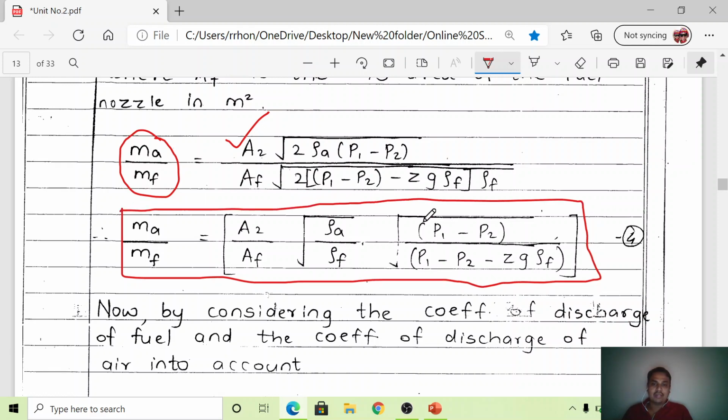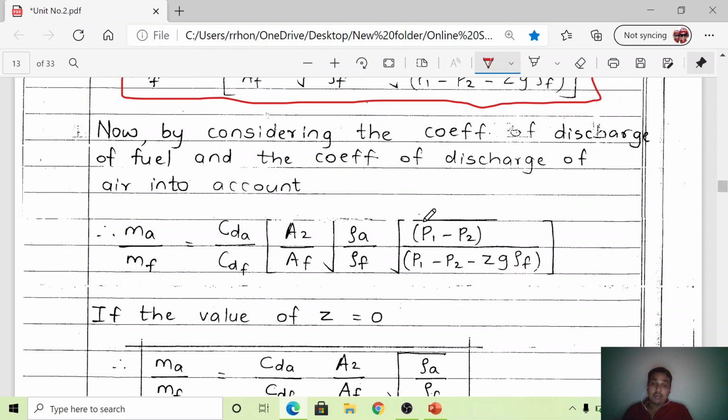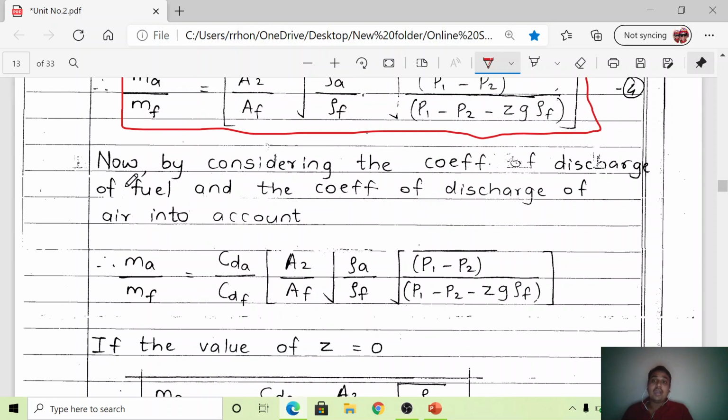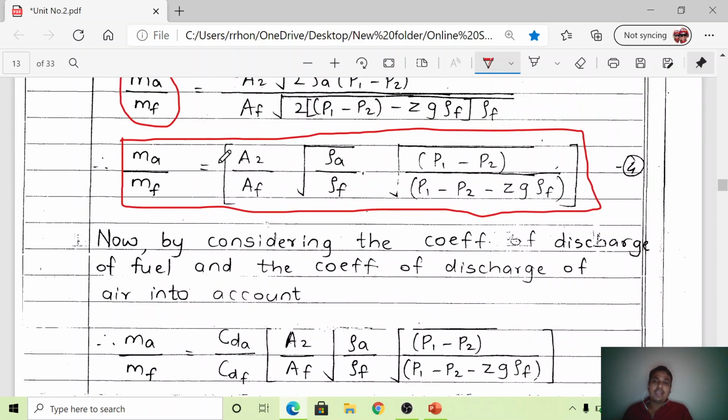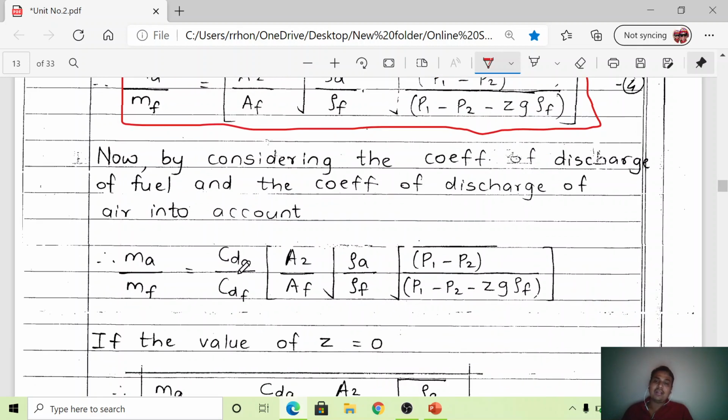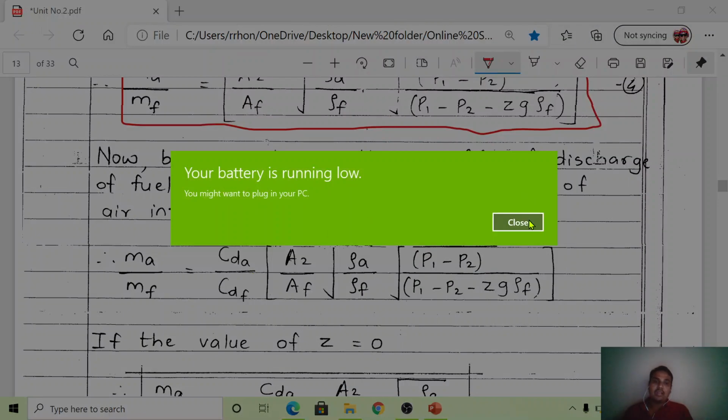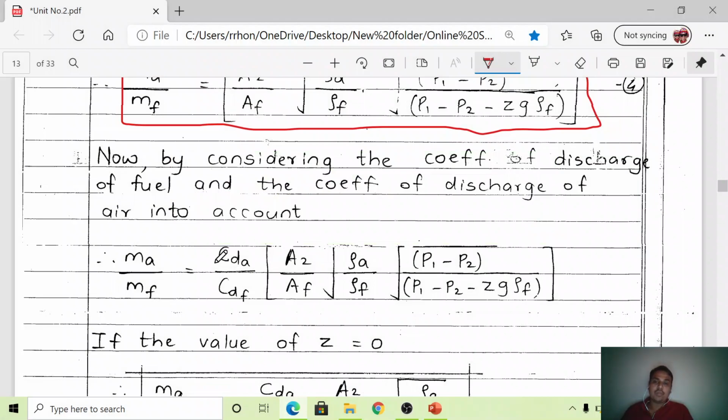So we can say this is the final equation. We are moving to see the final equation, now by considering the coefficient of discharge of fuel and the coefficient of discharge of air into account. So in this equation we have not considered the coefficient of discharge of air and of fuel. So sometimes in the numericals they will give data about coefficient of discharge of air itself. So coefficient of discharge of air is indicated as CDA, and coefficient of discharge of fuel is indicated as CDF.